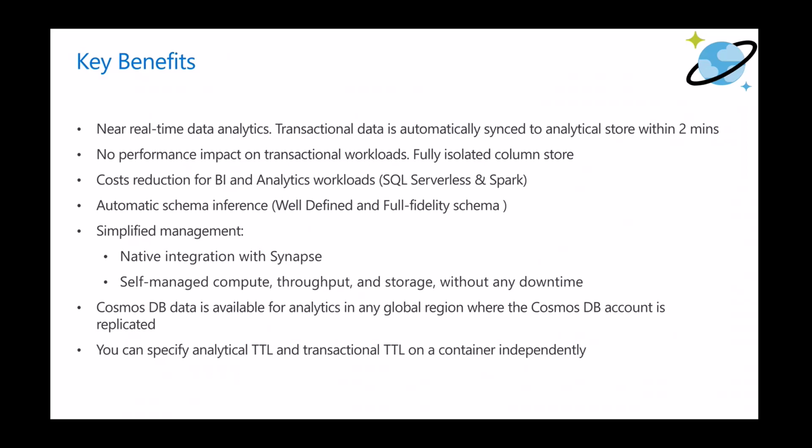There is a cost reduction of running your analytical workload on Synapse, because we use SQL serverless and Apache Spark there, which are cheap resources and do not burn RUs. The data from Cosmos DB, which is a NoSQL database, is automatically inferred by the analytical store. We infer it in two ways. It's called well-defined and full-fidelity. I will talk about this topic a little later in detail.